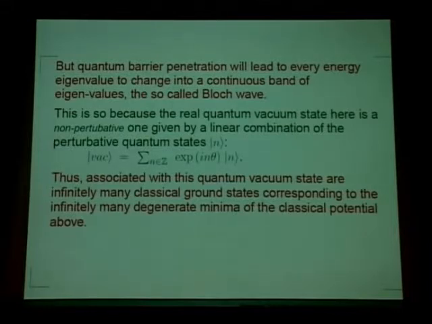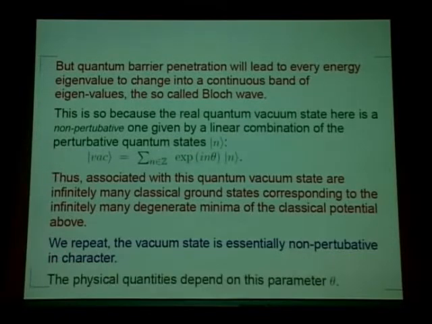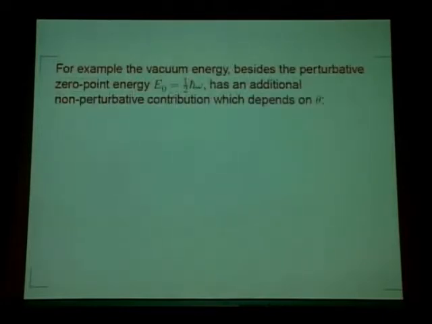So in this theory, what is associated with the quantum vacuum state are infinitely many classical ground states, corresponding to infinitely many degenerate minima of the classical potential. But the quantum vacuum state is essentially non-perturbative in character. And physical quantities do depend on the parameter theta. For example, if we were to study the ground state energy for the system, besides the perturbative zero point energy half h-bar omega, there is a non-perturbative contribution E(theta).